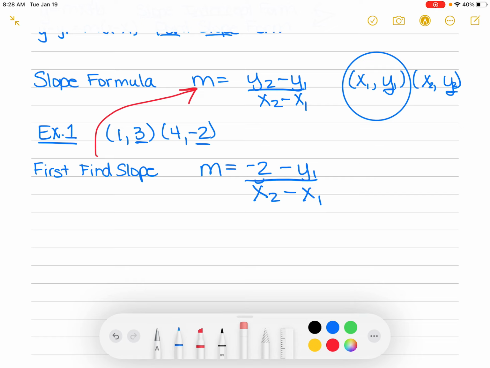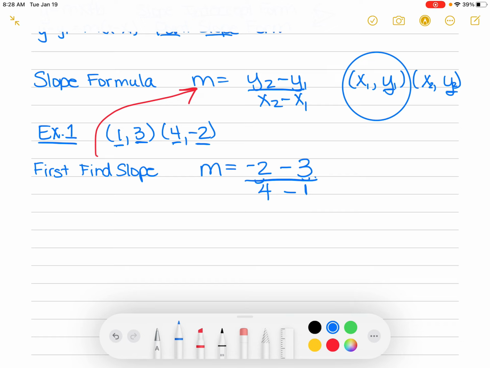So instead of y1 right here, I'm going to put 3. Now to do my x's. So x2, which I'm erasing right now, is the last x, so that's the 4. And x1 is 1.